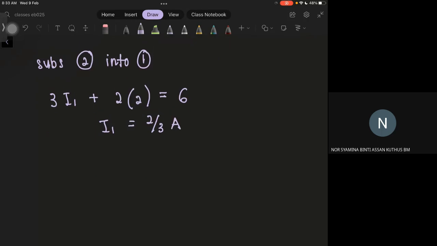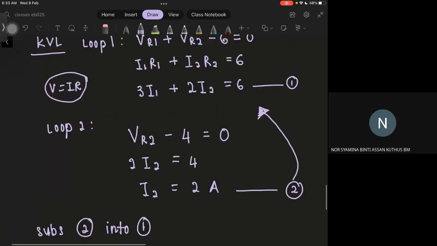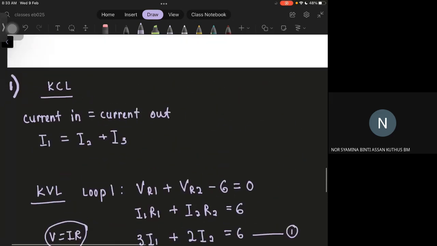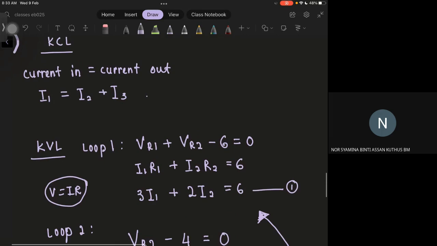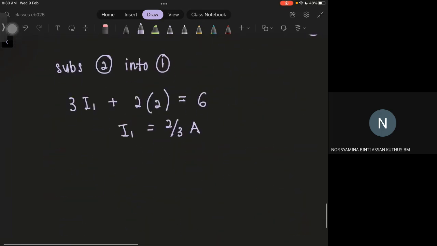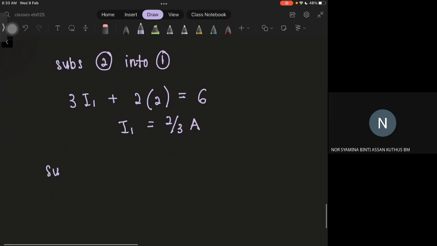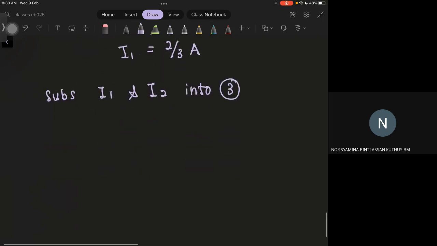Okay, nak cari I3 pula. Kita pergi balik kepada equation Kirchoff law dekat atas. Okay, kita assume ini adalah equation 3. So substitute I1 and I2 into equation 3. So, I1 kita adalah 2/3 ampere.